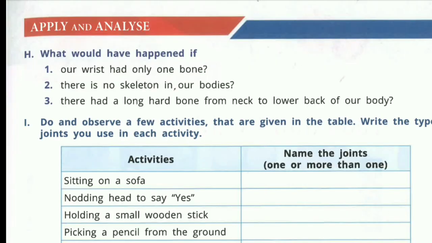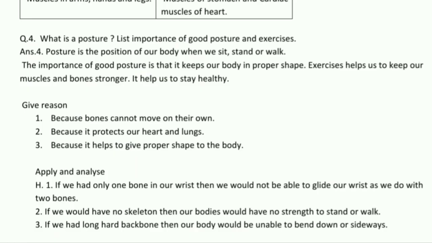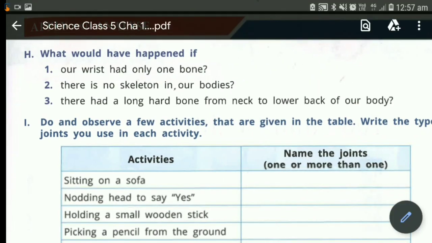Then they are asking, what would have happened if there is no skeleton in our bodies? The answer to this is, if we would have no skeleton, then our bodies would have no strength to stand or walk.